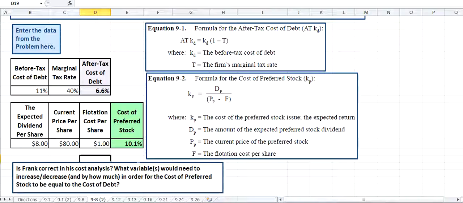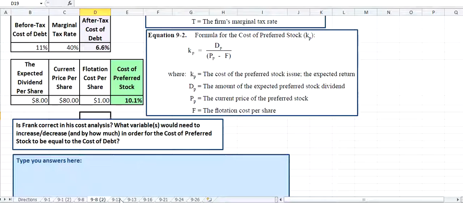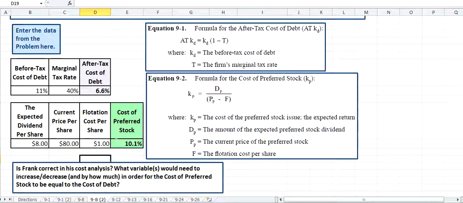So you may have seen it when I popped over to the answers, but if not, it shouldn't take you very long to figure out exactly how much the price of the stock would need to go up in the market in order for your cost of preferred stock to be equal to the after-tax cost of debt.